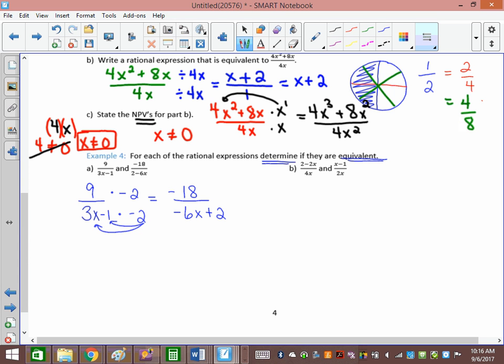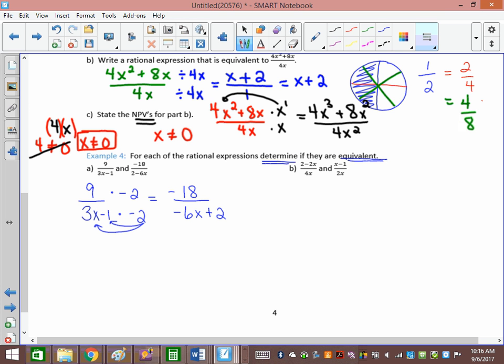Now here's the real question. Are they equivalent? Yes. They are, even though it's different order. Because the test to see if they're equivalent is, do you have the exact same numbers in the numerator and the denominator with the same signs? They have to have the same signs in front of them. If they have the same signs in front of them, it doesn't matter if they're a different order. So let's check it out.